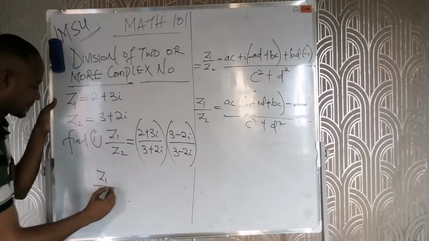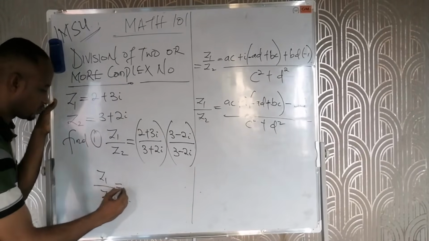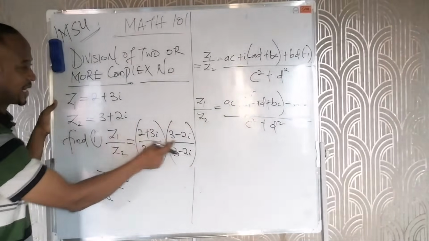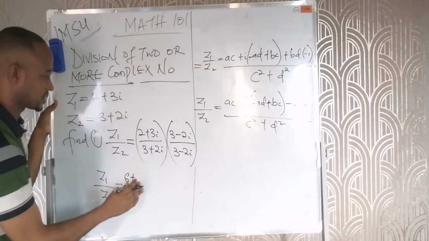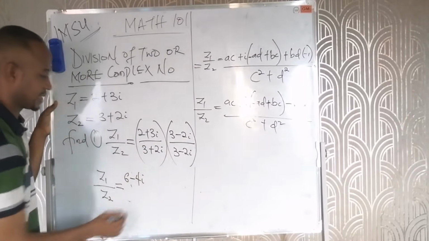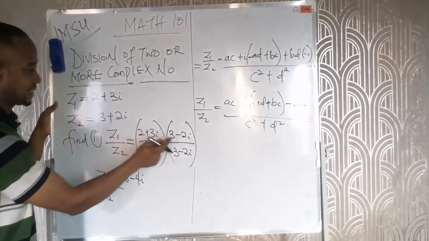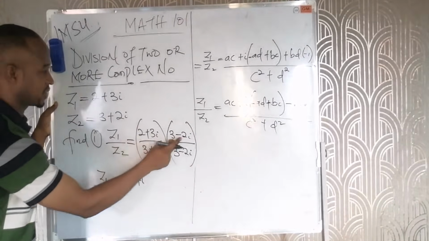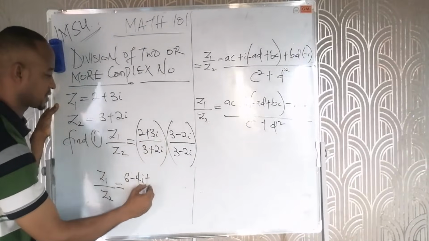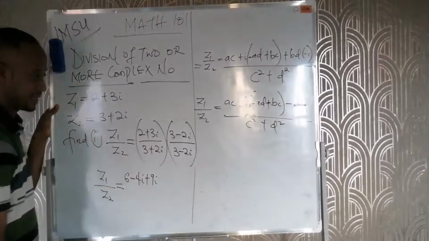Okay, now let's move on. So Z1 over Z2 will be 2 times 3 is 6. 2 times minus 2i is minus 4i. I repeat again, 2 times 3 is 6. 2 times minus 2i is minus 4i. 3i times 3 will give us plus 9i, right?